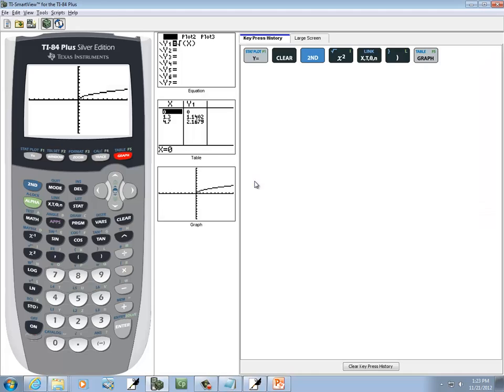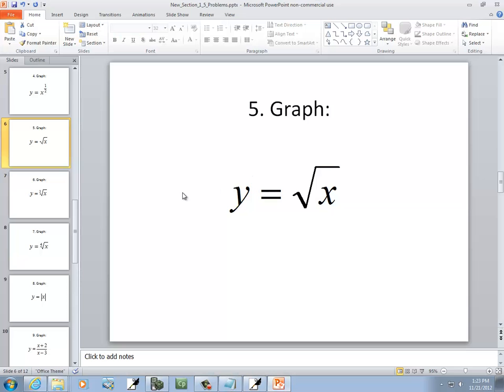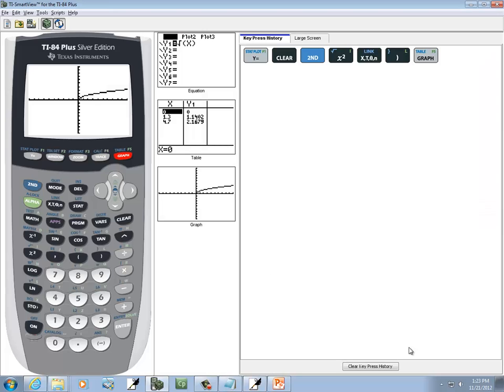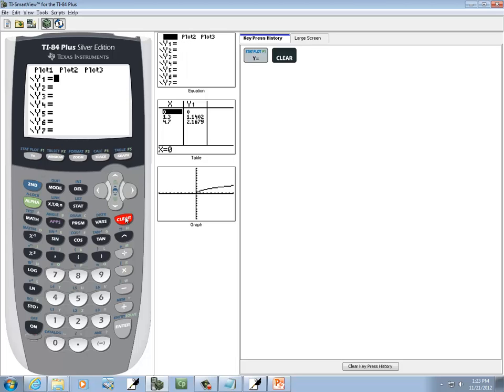Next one should be the cube root. Well, I'm going to press my y equals. Press my clear. Now, if it's not on a button, not above a button, then it's probably underneath your math button for graphing purposes.